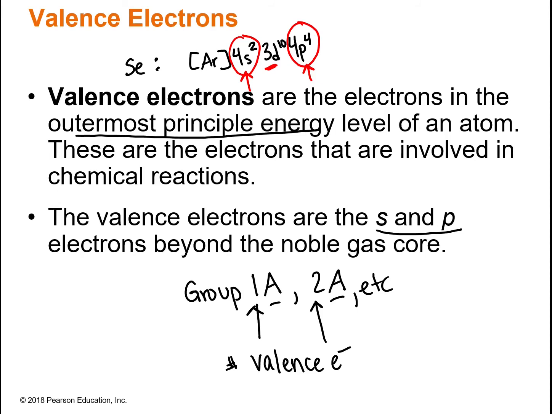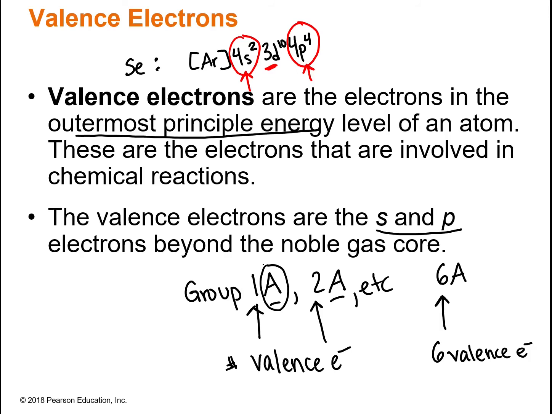Group 2A, they all have 2 valence electrons. If we were in group 6A, there would be 6 valence electrons. So you don't even really have to think about it. You just have to know what the group number is, as long as we're talking about a representative element that has the letter A behind the number.